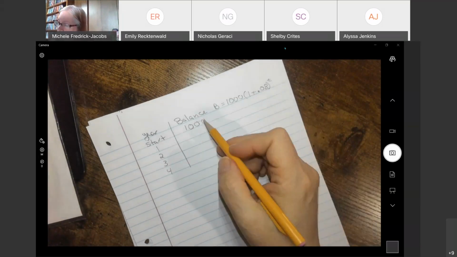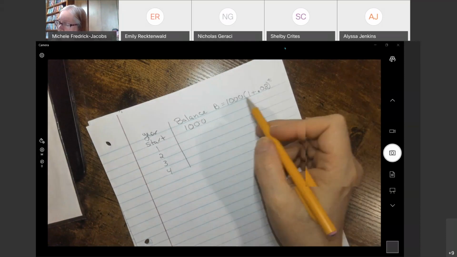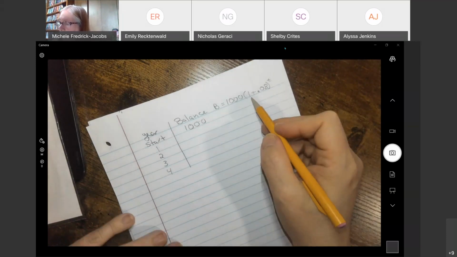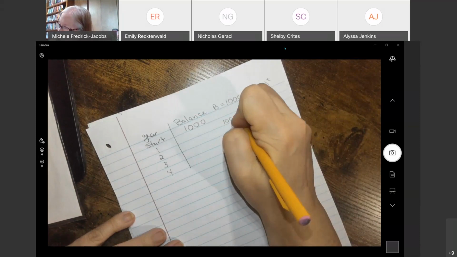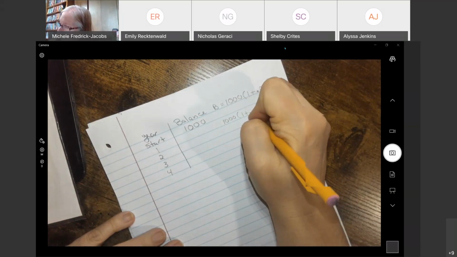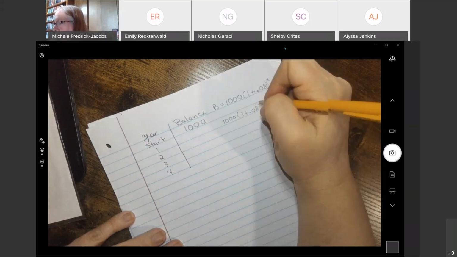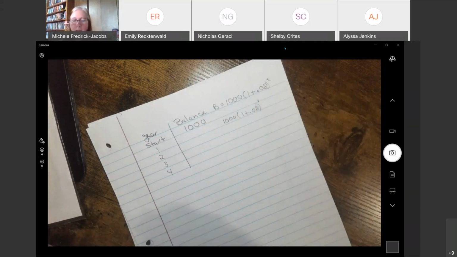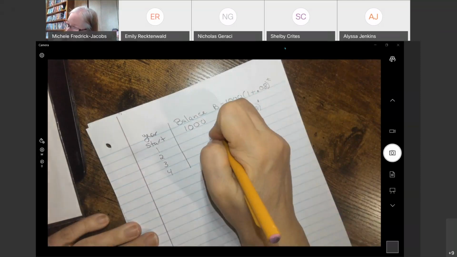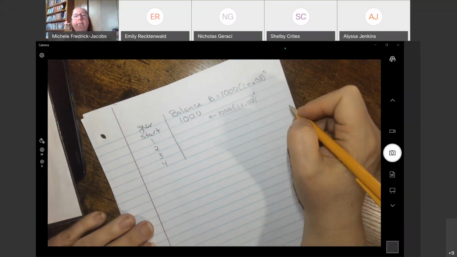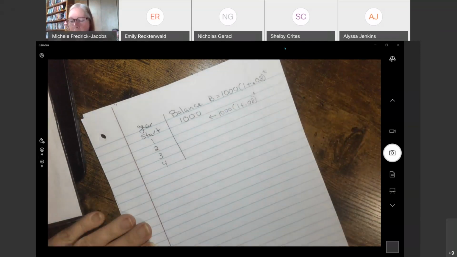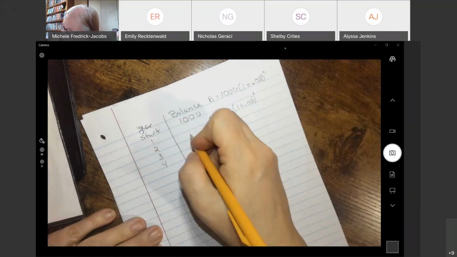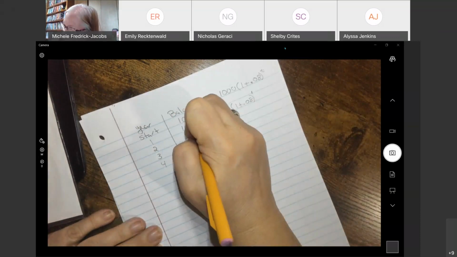What it's doing is taking 8% of this, but you can use the formula to find the next one. Then it would be 1,000 times (1 plus 0.08) to the first, because it's the first year. And if you plug that into your calculator, you should get 1,080.